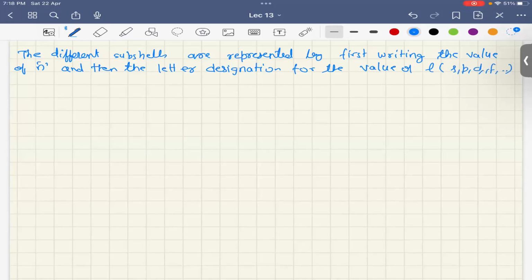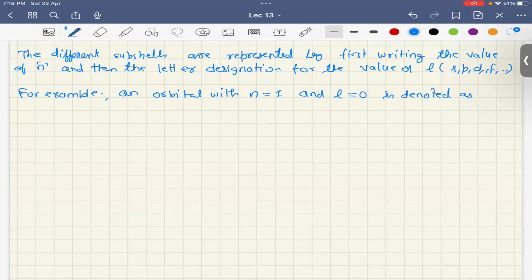For example, an orbital with n equal to 1 and L equal to 0 is denoted as 1s.